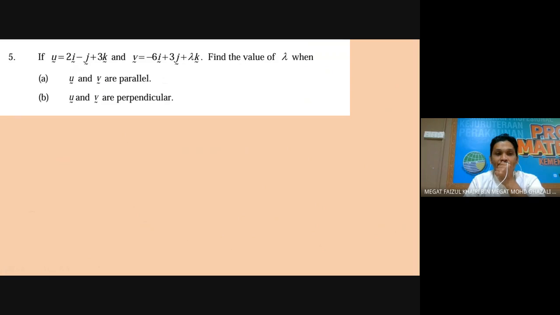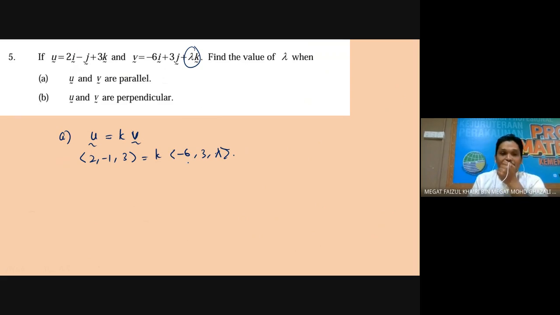Okay, so if U and V, find the value of lambda when U and V are parallel. So if U and V are parallel, which means that U equals a constant K times vector V. Okay, so then U is 2, -1, and 3 equal to K times V, which is -6, 3, and lambda.